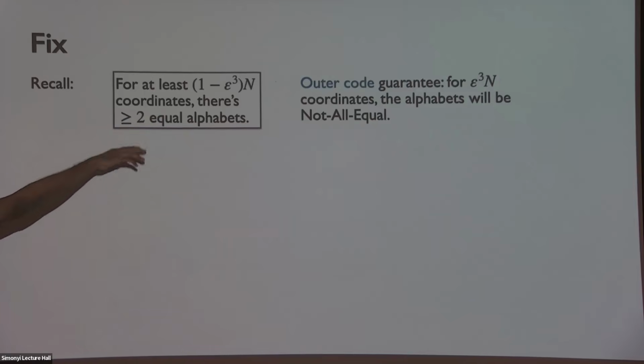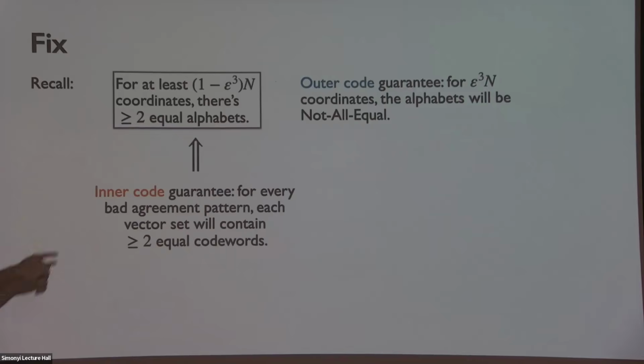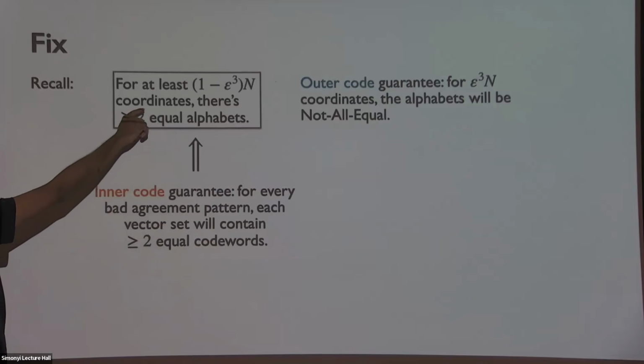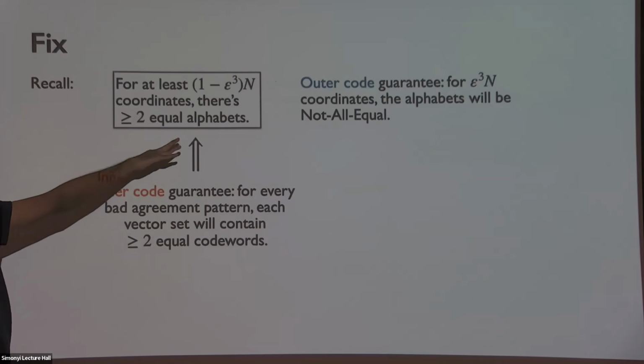And if you go back in the chain of implications, you'll recall that this came about because the inner code guarantee said that for every bad agreement pattern, the vector set will see at least two equal code words. Now, if I change this to say that the vector set will see all equal code words, this will change to say that for these many coordinates, there'll be all equal alphabets. And then that will be contradicting that thing. So if I change this to all equal, I'm happy.